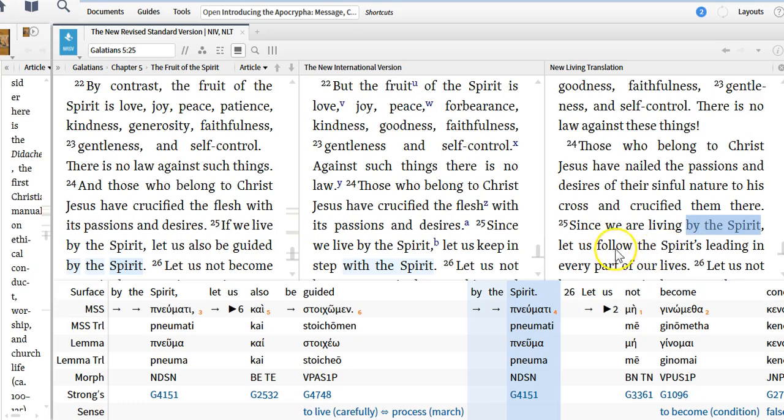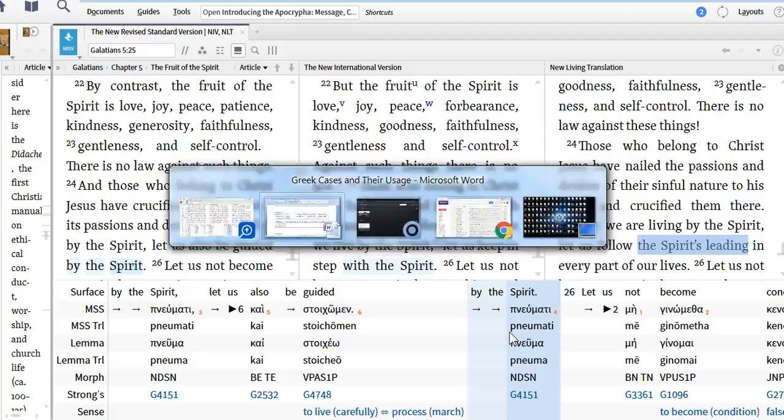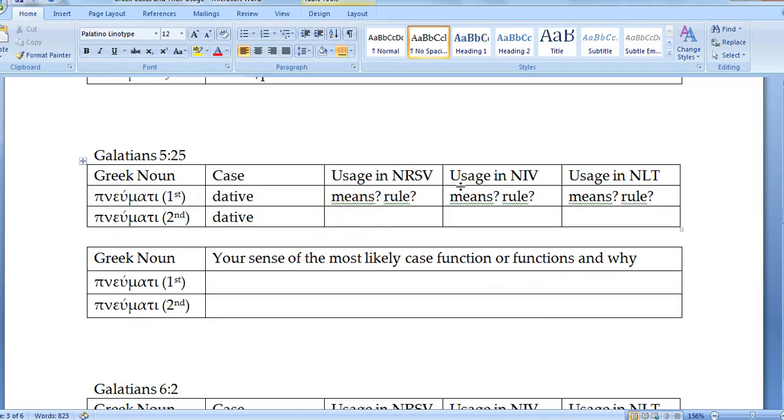Interestingly, the NLT renders this, let us follow the Spirit's leading in every part of our lives, suggesting probably in the Spirit's leading an understanding of this dative as a dative of agency. So we could, here we go, definitely rule or standard here.